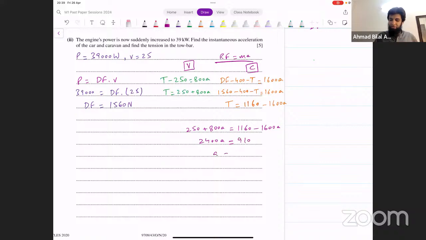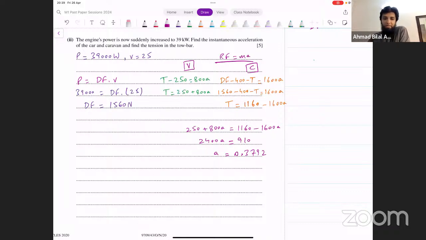And the value of acceleration turns out to be 910 over 2,400, and that's 91 over 240, which is giving me 0.3792. That's the acceleration that we get.